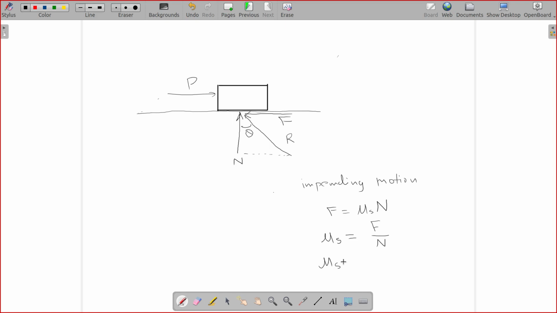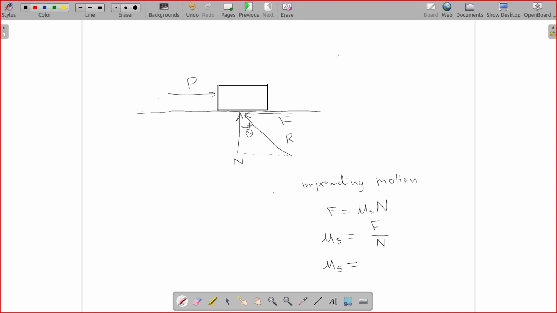and mu s is equal to tan inverse, wait, mu s is equal to, what is F by N? Let's call this angle theta. What is this angle? This is the angle between normal force and the resultant.